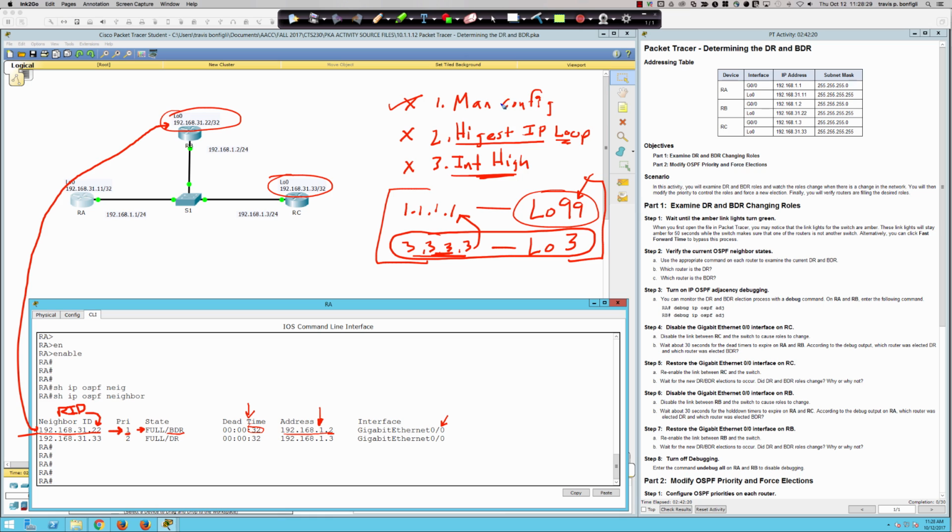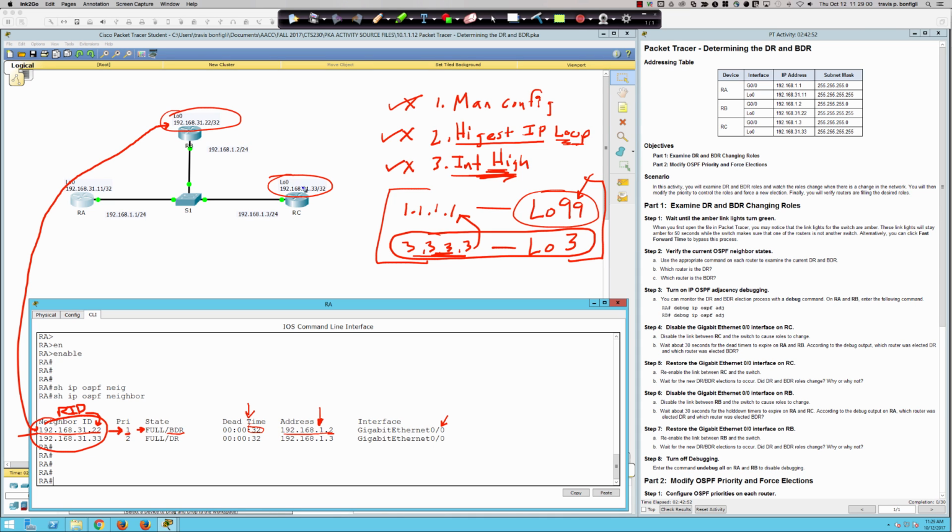If the router is not configured manually for a router ID, we go to the highest IP on any loopback. Then we go to the highest IP on any interface that is up. And so that is why these have been selected. These 2 values here have been selected as the OSPF neighbor ID, which is literally the router ID, and that is what they are using for their value.